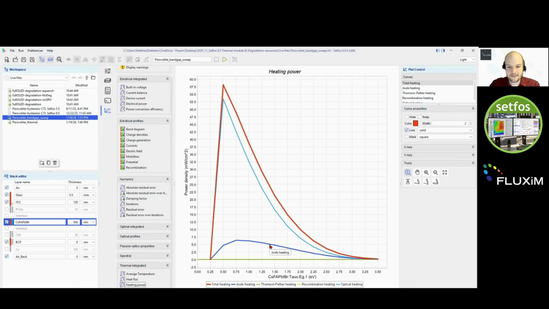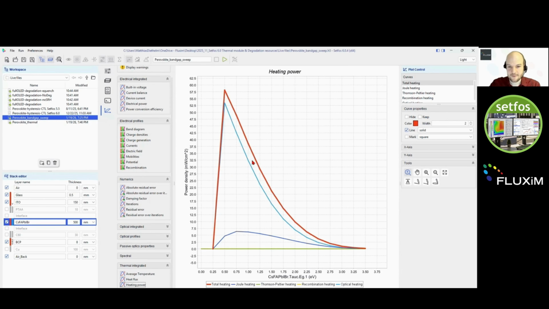So you will have Joule heating, and that's part also of the Shockley-Queisser model. Now it looks like this Joule heating is not dominating. The whole situation is dominated by the optical heating, by the thermalization. But if we go towards a higher band gap, you can see that these two factors are getting closer.